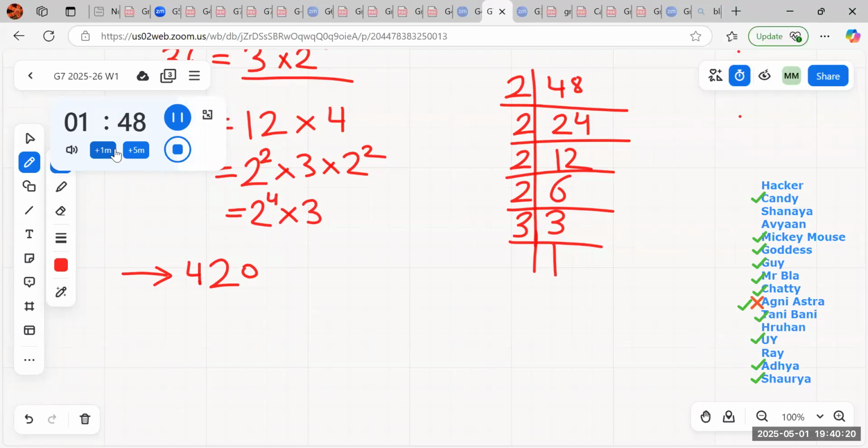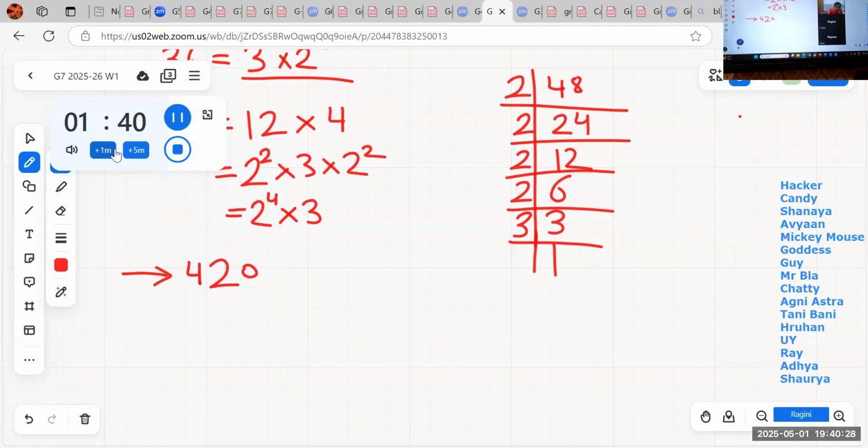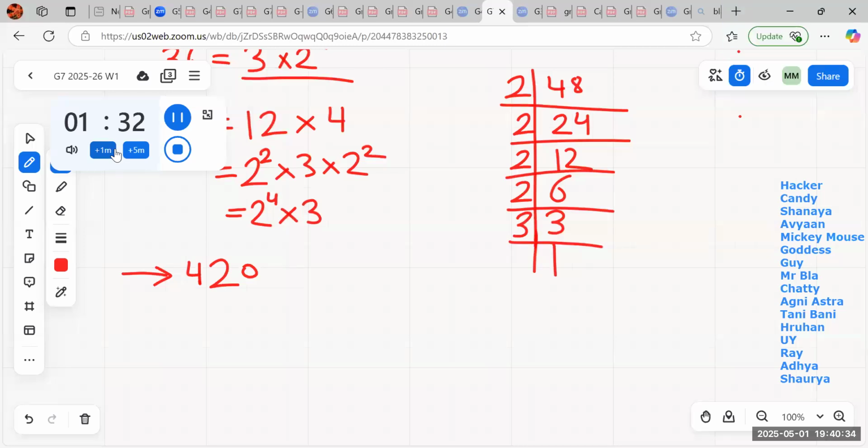Sir, what do we have to do? Beta, you have to do the same. Write in exponential form. Do the prime factorization, write in exponential form.